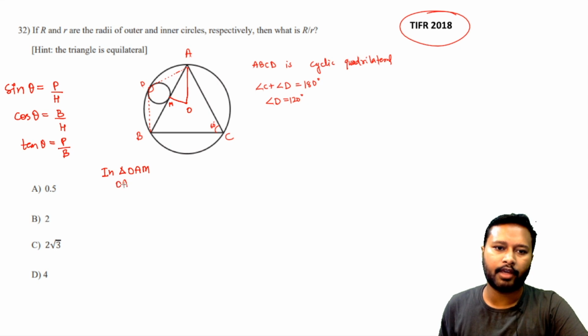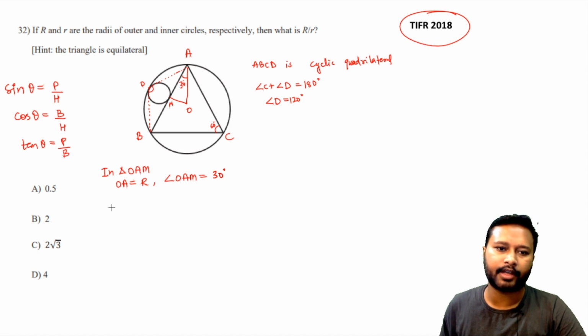I have OA, which I know, that is the radius of the bigger circle, equal to capital R. What is my AM? That is what I am trying to find out. And since the complete angle is 60 degrees, this is going to be half of that, so this is 30 degrees. Angle OAM is equal to 30 degrees.